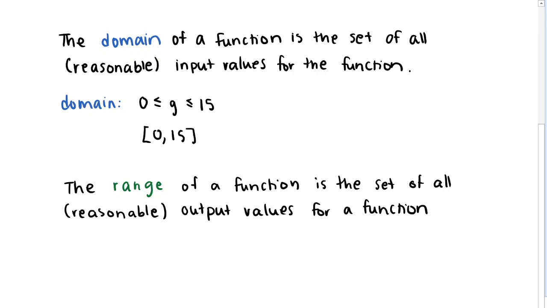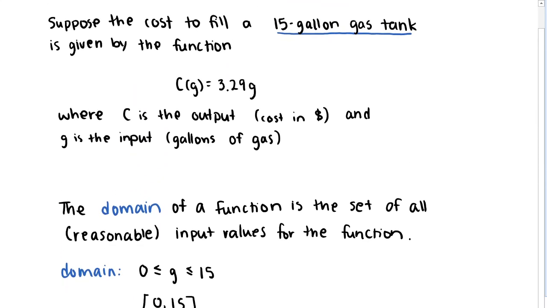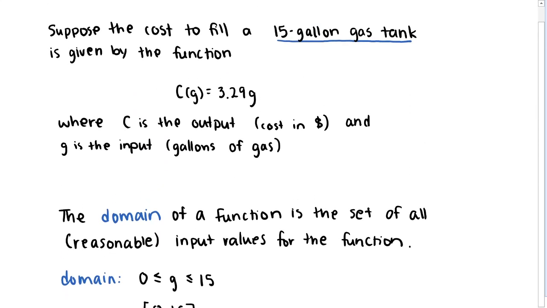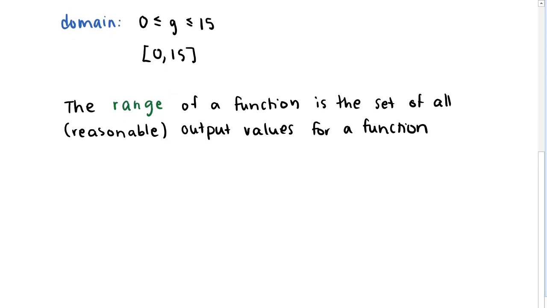And so in this case, because we know we're only going to plug in values between 0 and 15, we know that our function is just 3.29 times the gallons of gasoline we put into the tank. We know that our range of outputs, the range of prices we can possibly pay to fill up this tank, falls somewhere between, here maybe I'll write it in the same way.